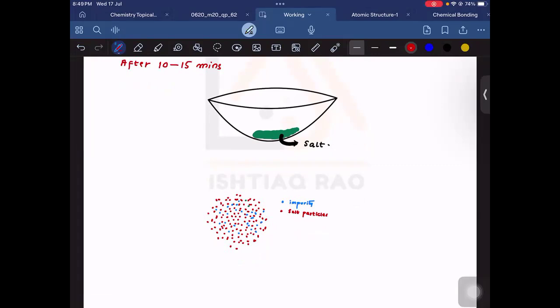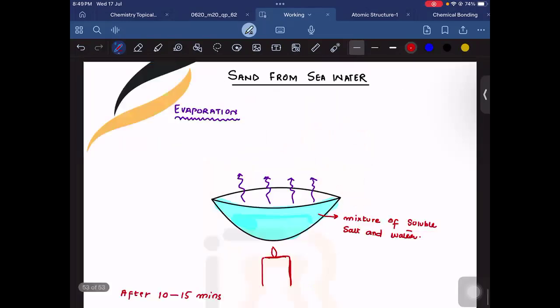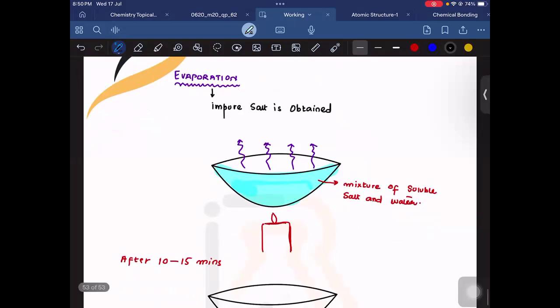Okay, so I was saying that we obtain impure salt basically.